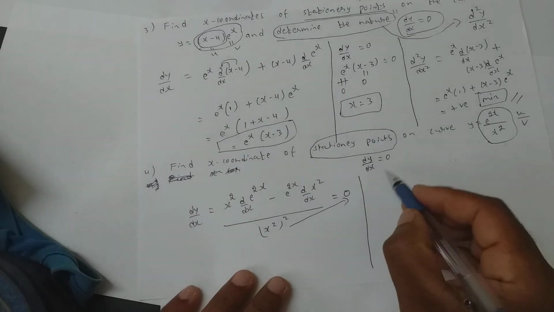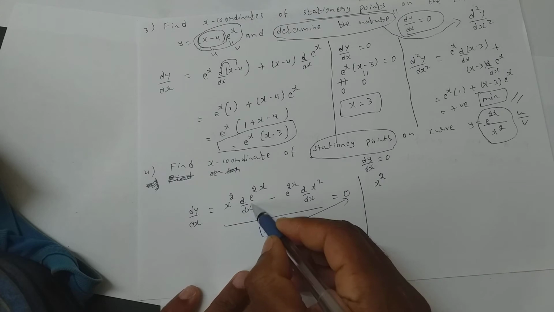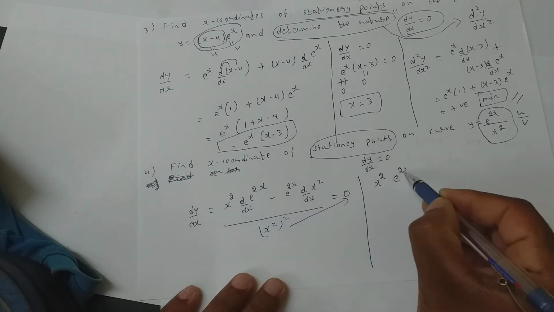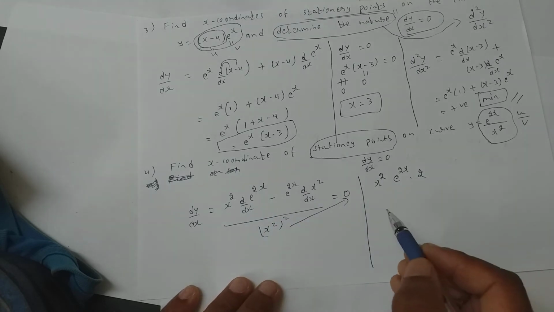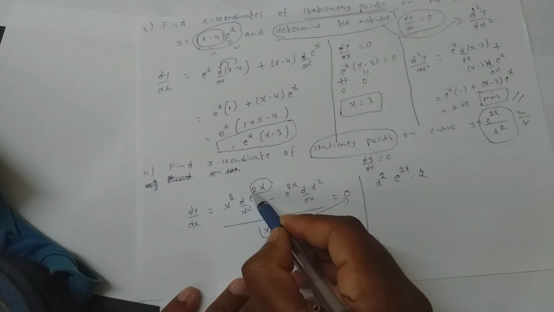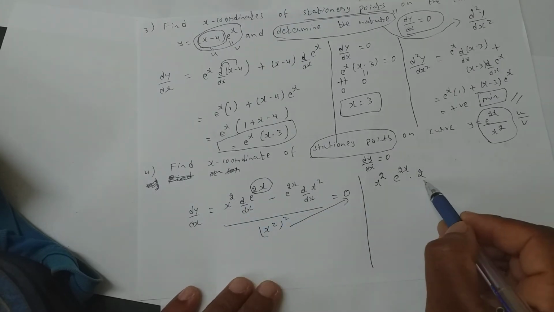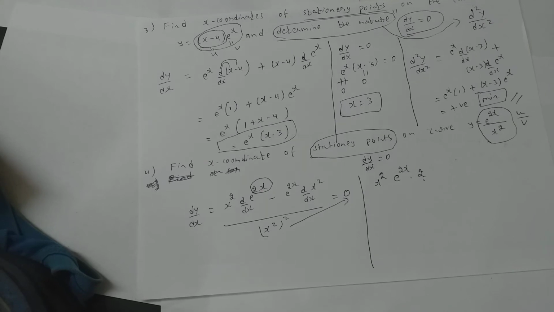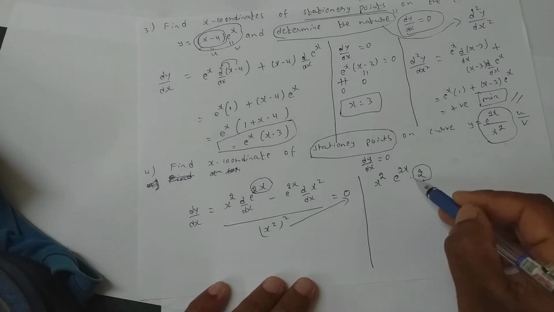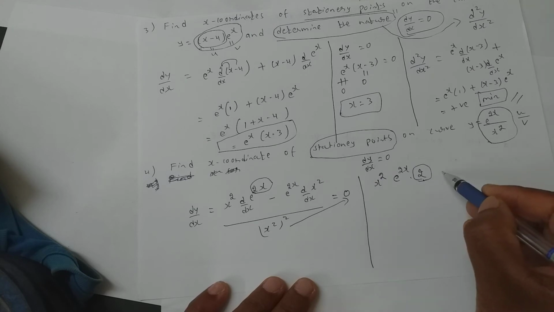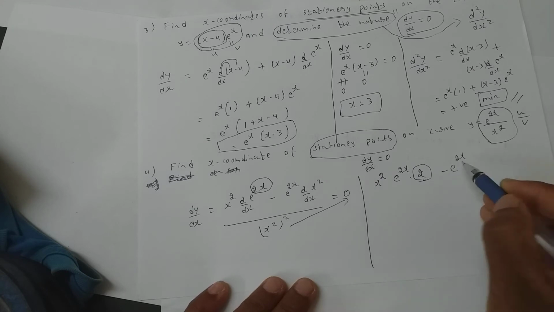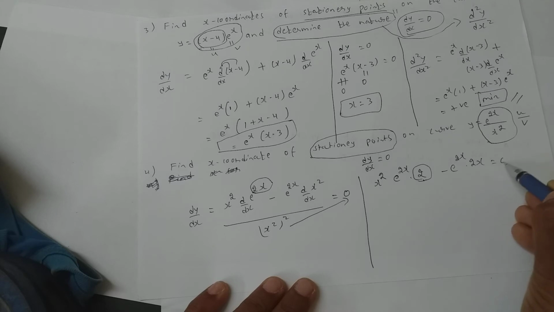So what is left? X square into e power 2x, differentiation is e power 2x into 2. Clear? It is of e power x form. E power x is e power x into d by dx of whatever it is in place of x. Am I clear? This most of the students forget. Don't forget it. Minus e power 2x into differentiation of x square, which is 2x, equal to 0.